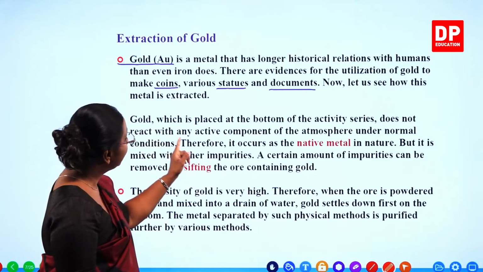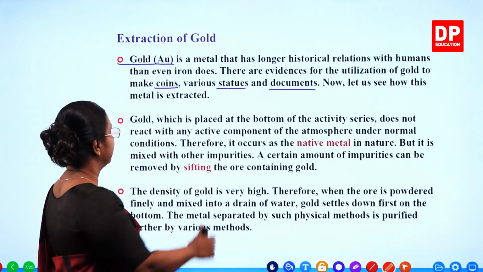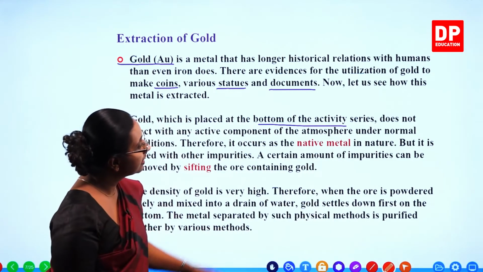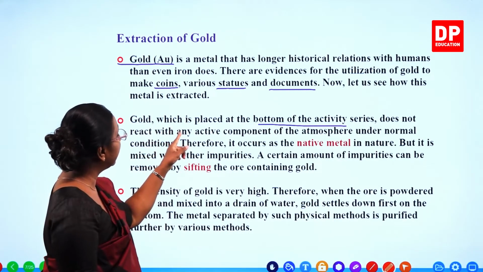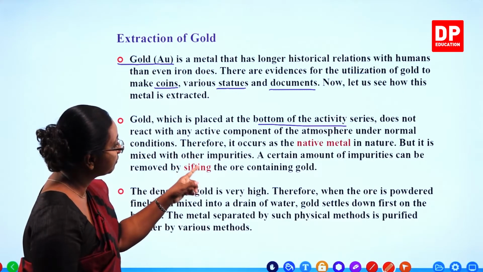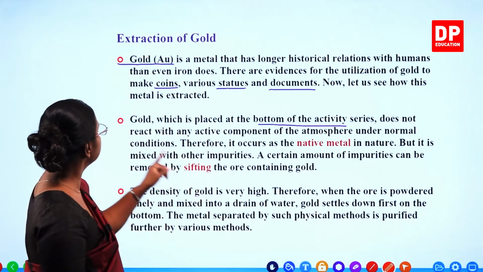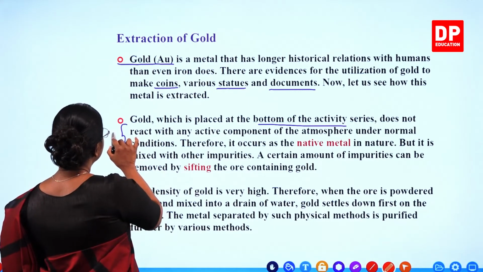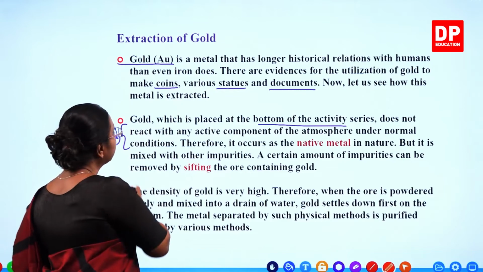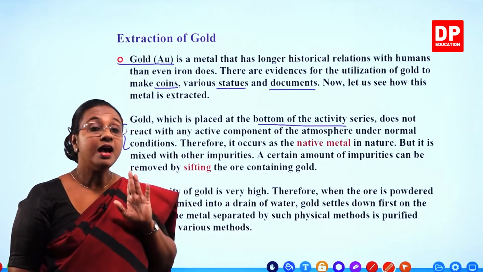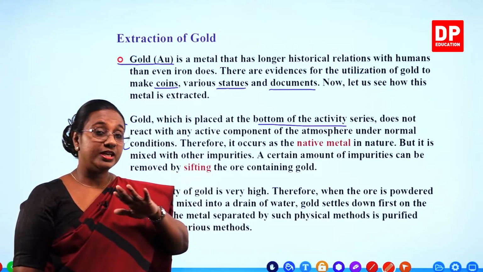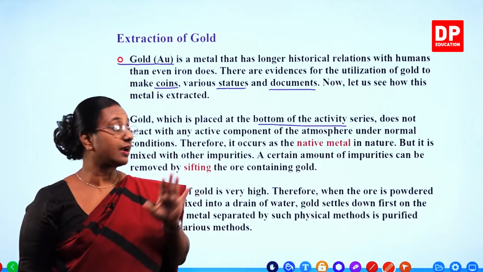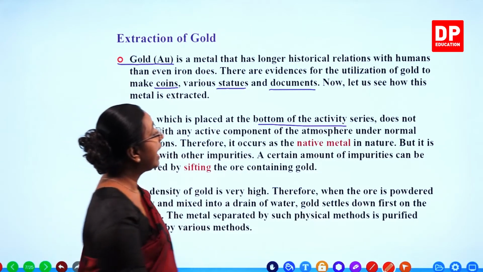Gold is placed at the bottom of the activity series. It does not react with any active component of the atmosphere under normal conditions. Very, very important. So in our day-to-day life, if we use gold, they do not react with any component of the atmosphere.